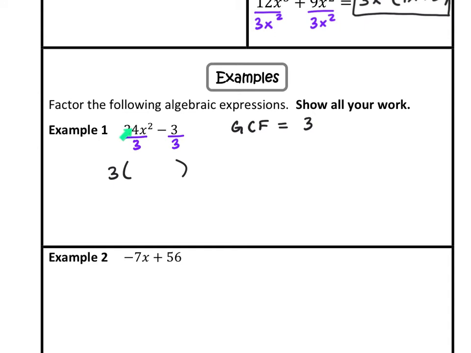So what's 24 divided by 3? It's 8. Bring down the x squared, bring down the minus, and then what is 3 divided by 3? 1. So this is my answer for the first example.